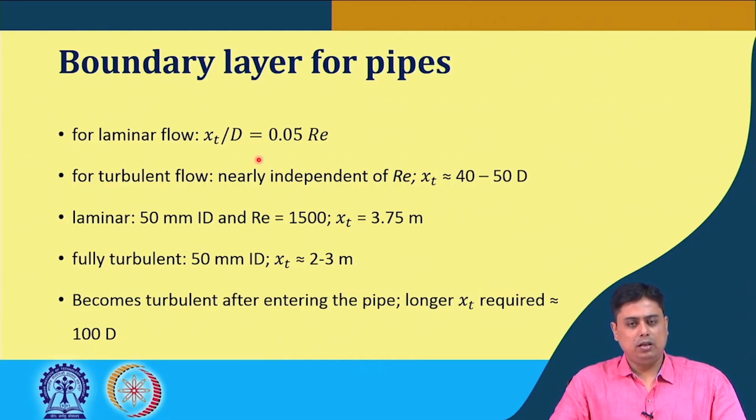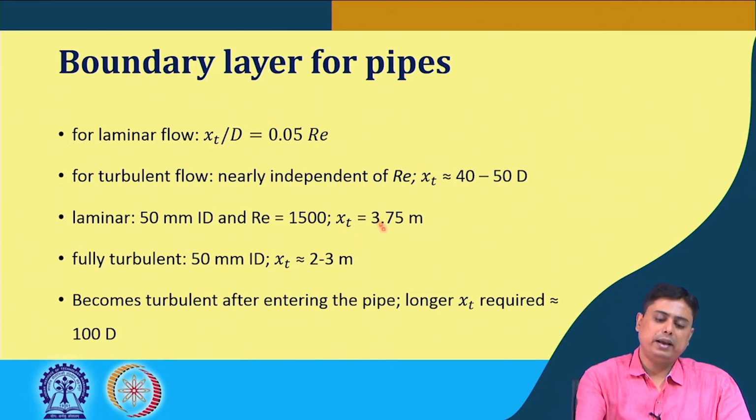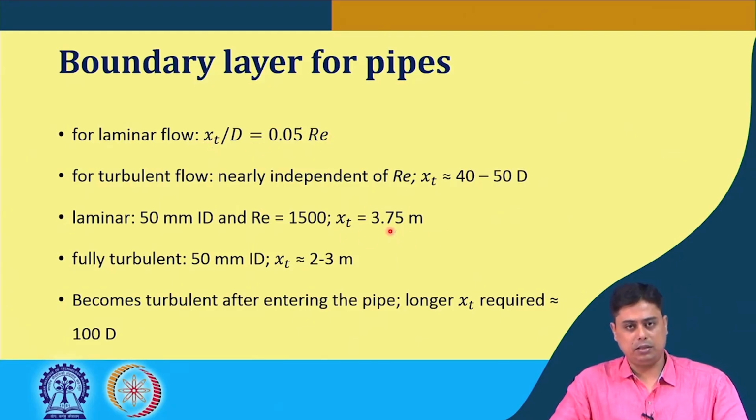So, for example, to give you the numbers, for a 50 millimeter ID pipe with a Reynolds number of 500, we see that the transition length by this formula is around 3.75 meter.